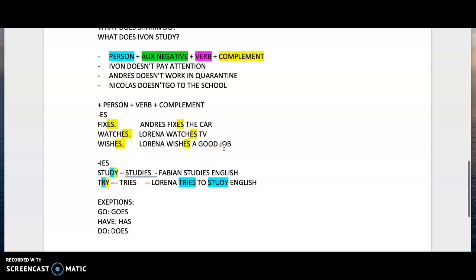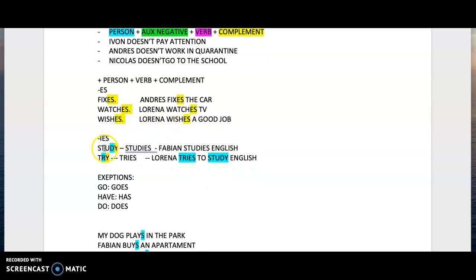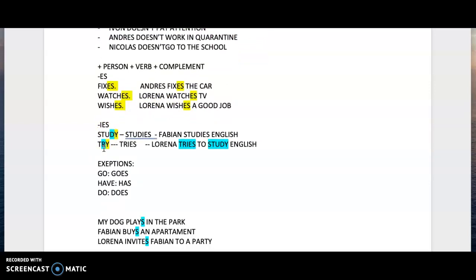Okay? And this is the second rule, the verbs ending with y. So this is the verb study. It finishes with y, study. But before we have a consonant, so we eliminate the y and we write ies, studies. Okay?